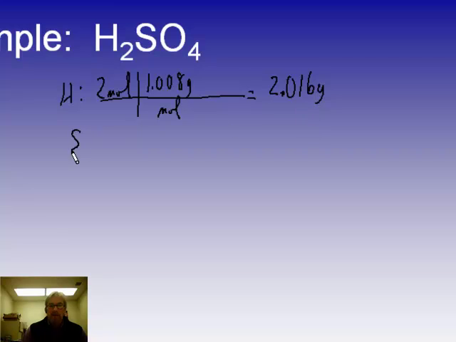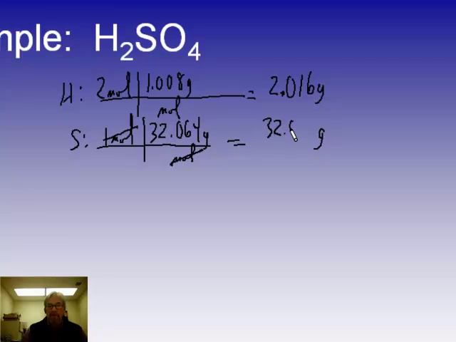Sulfur, subscript of 1 is implied here, so 1 mole times the molar mass of sulfur, which is 32.064 grams per mole. And that leaves me with grams of sulfur, and that'll just be 32.064. And then for oxygen, I have 4 moles of oxygen in 1 mole of H2SO4, and each mole of oxygen weighs 15.999 grams.